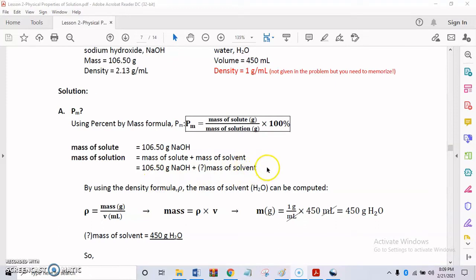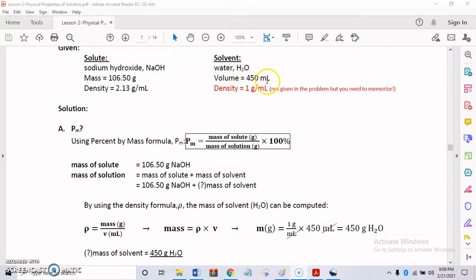In order for us to compute the mass of the solvent, since water is our solvent, and we are given the volume, which is 450 ml, we can get the mass of the water by solving in terms of its density. Okay? Our density formula is ρ equals mass in grams over volume in milliliters. If you cross-multiply that, you can get mass equals the ρ or the density times the volume.